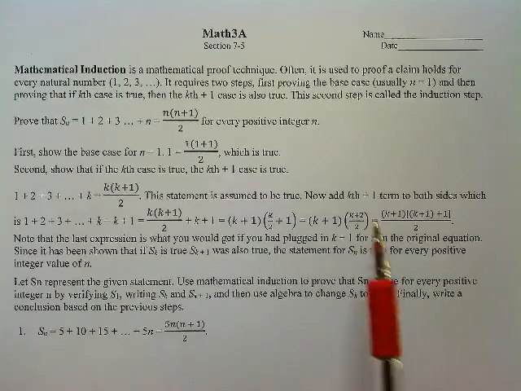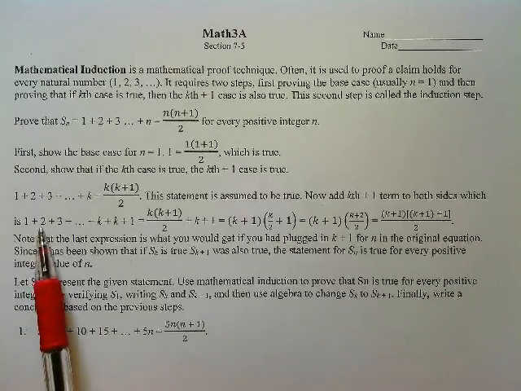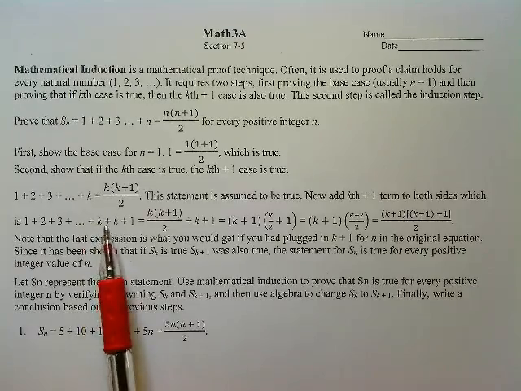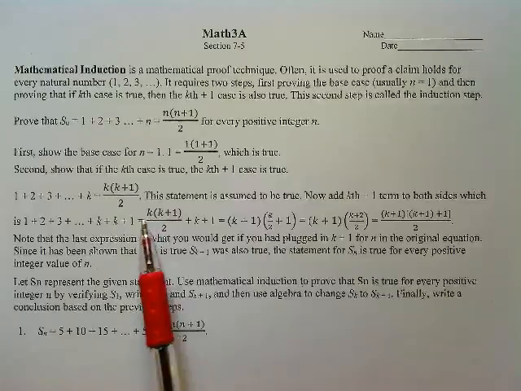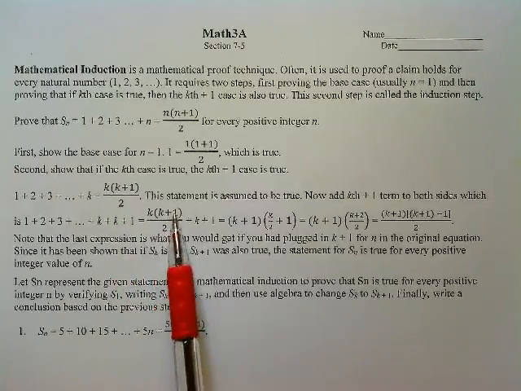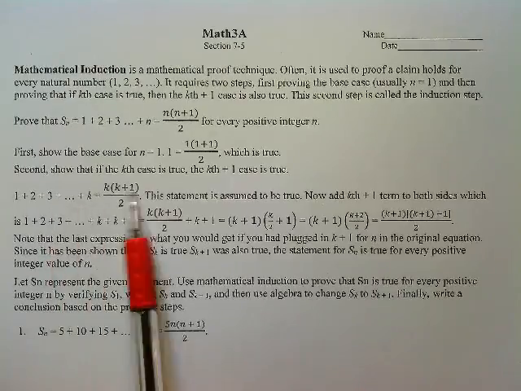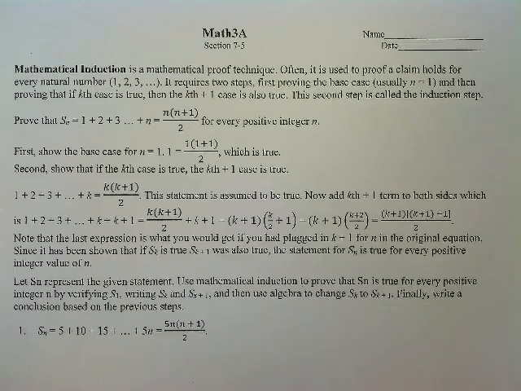Now we're going to go to the k plus 1 term, so we're going to add that to both sides. On this side, we have 1, 2, 3, dot, dot, dot, plus k plus 1. Over here, we're going to take what we had, k times k plus 1 over 2, and add k plus 1. Since this is true, then adding k plus 1 to both sides would have to be true as well.